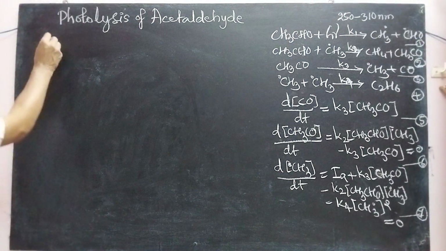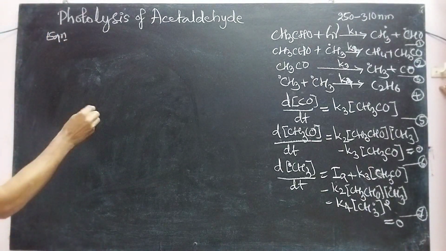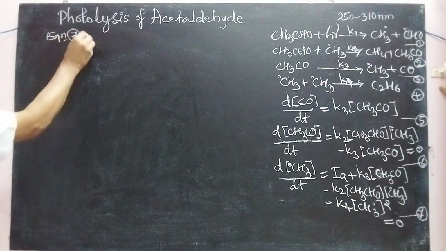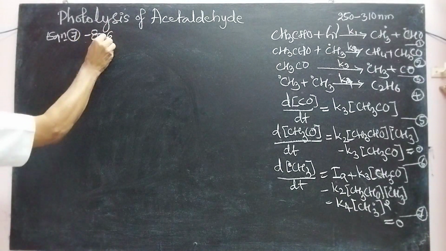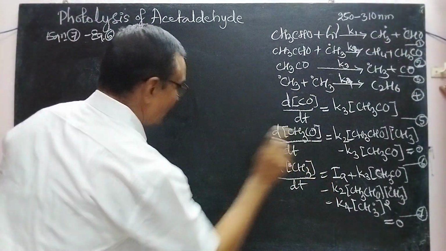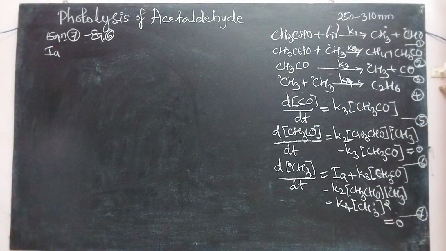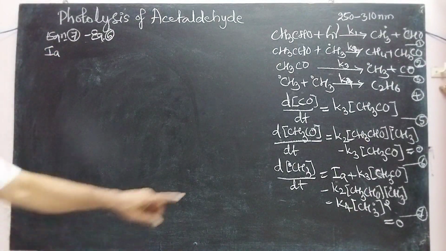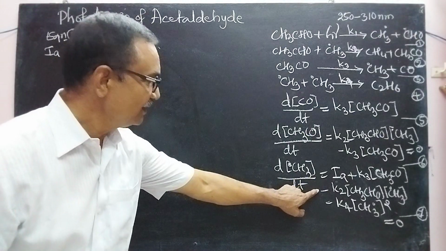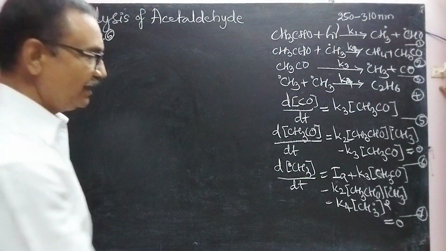Thus we can use equation 7 minus equation 6. What happens? Equation 7 minus equation 6. In 7, this Ia is as it is. One factor, that is Ia, the intensity of light radiation absorbed. We are taking this minus this.